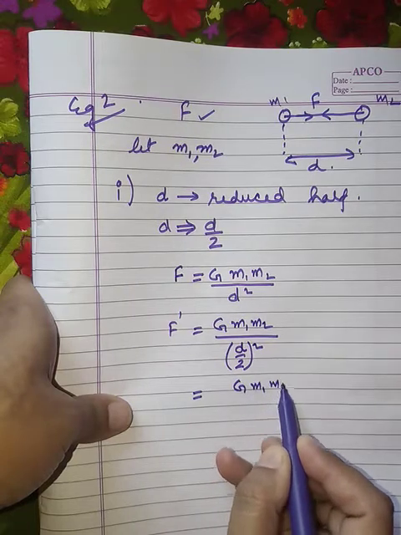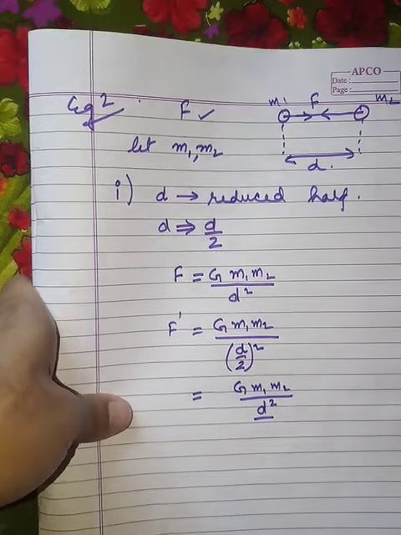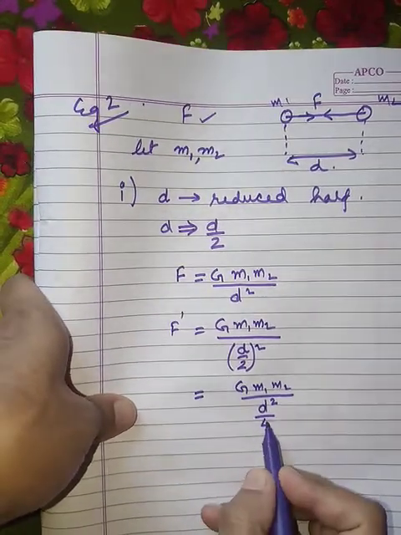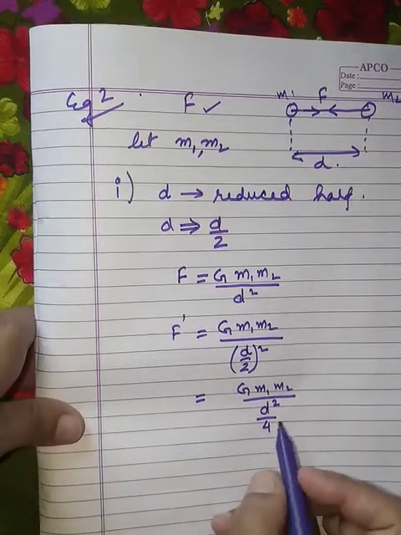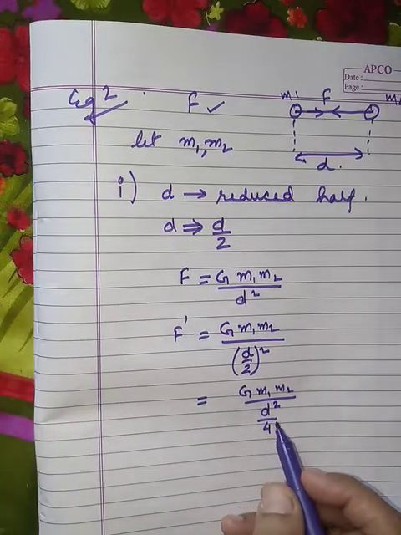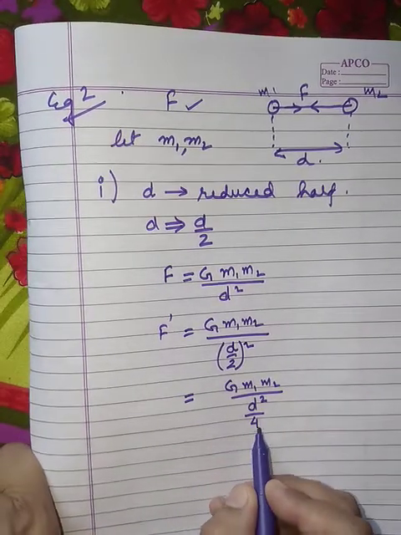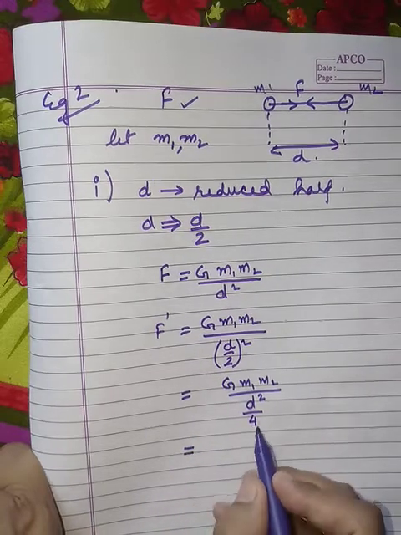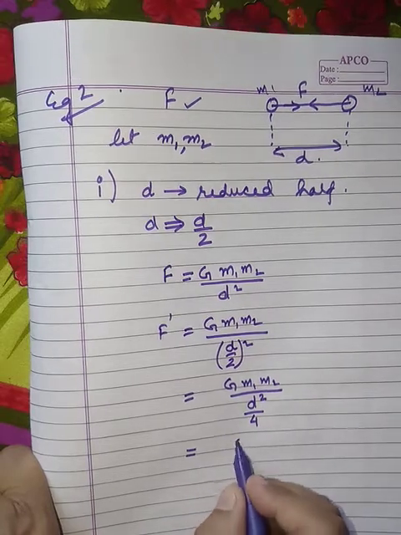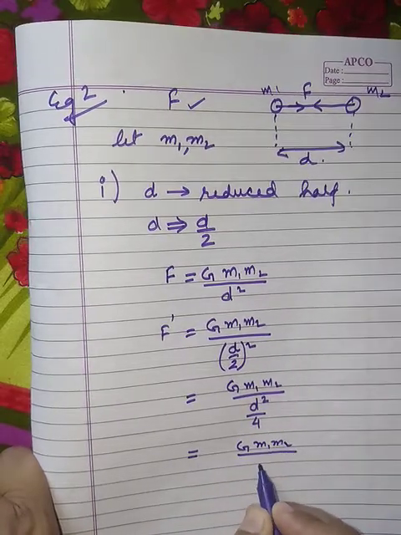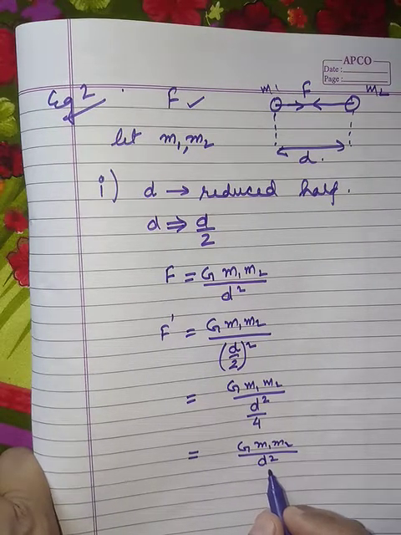G m1 m2 divided by d square divided by 4. Now we have to simplify this.